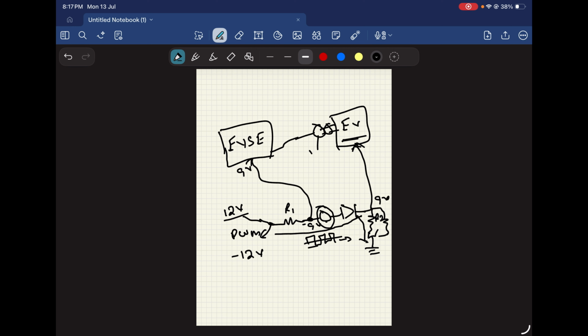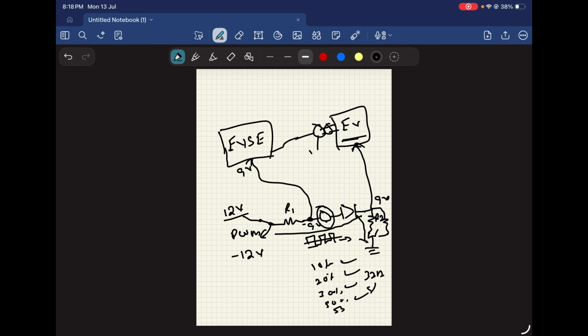What is the meaning of this duty cycle? Normally the EVSE charging station generates different duty cycle percentages: 10%, 20%, 30%, 50%, 53%. Each percentage has its own current rating.